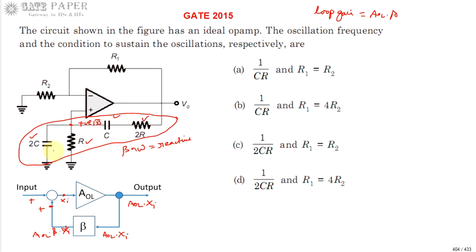So the reactance of the capacitor changes as frequency changes, and reactive definitely means this gain also has an imaginary part.